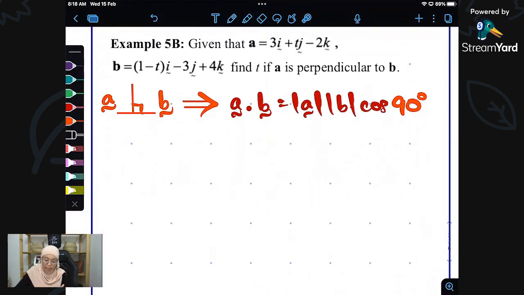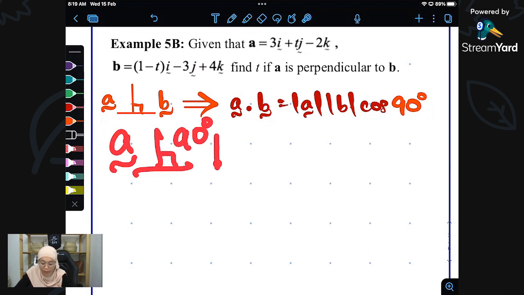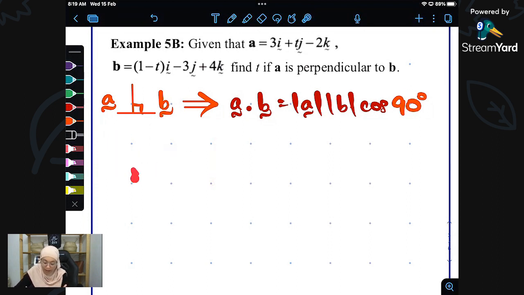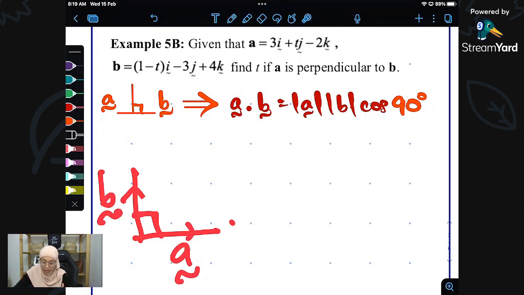It is just actually A vector is perpendicular. Perpendicular bermaksud dia ada 90 degree perpendicular to the vector B. Kalau you nak bayangkan, dia macam ni lah kot. So ini adalah vector A. Ini adalah vector B, and so they are perpendicular to each other. So kalau dia perpendicular, dia adalah 90 degree. 90 degree adalah perpendicular.